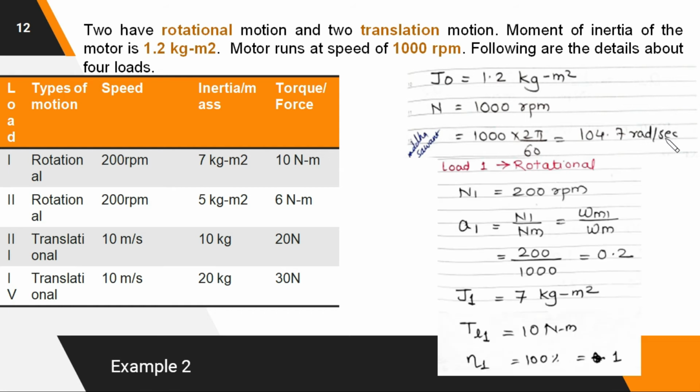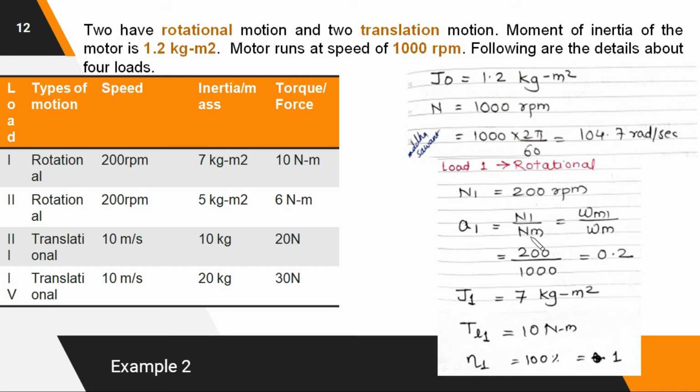This is okay. Next, for the first load, this is a rotational load. So for the first load, n1 is 200 rpm, and a1 is nothing but n1 upon nm, or omega m1 upon omega m. You can convert this 200 rpm into radian per second and then take the ratio, or you can directly take the ratio in rpm.